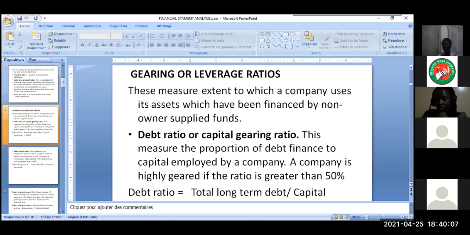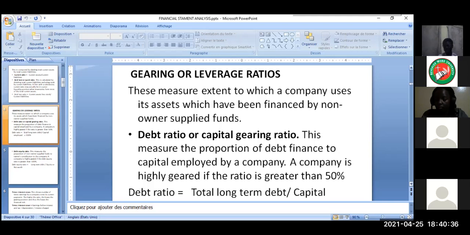So these are not the funds from the shareholders. Now we need to measure to what extent the company uses them. Okay, so now it is said one of them is the debt ratio or capital gearing ratio. This measures the proportion of debt finance to capital employed by a company.